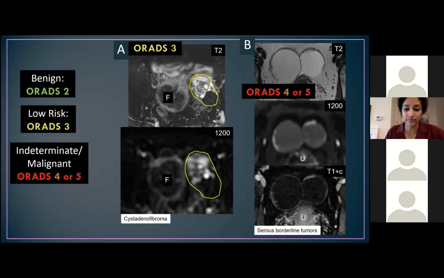If it's not elevated, it doesn't really help you out, because borderline tumors and early ovarian cancer, stage 1, and sometimes even stage 2, have very low or normal CA-125. That's the only word of caution: just because you don't have an elevated CA-125 doesn't mean you're not looking at a borderline tumor, a low-grade tumor, or a stage 1 or stage 2 high-grade papillary.